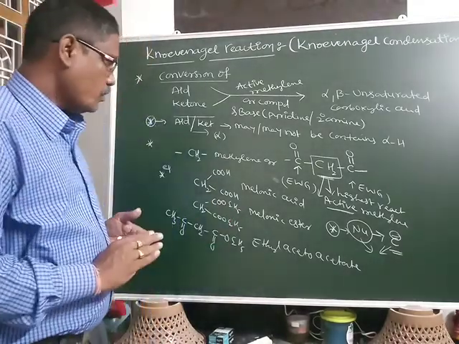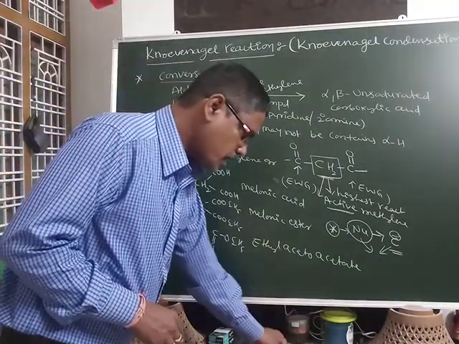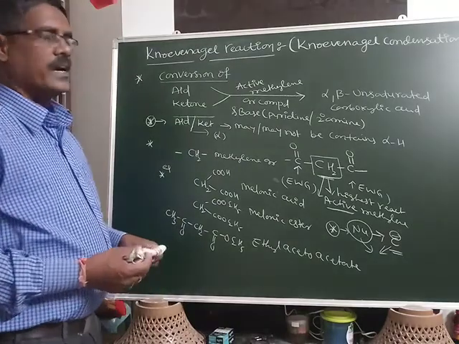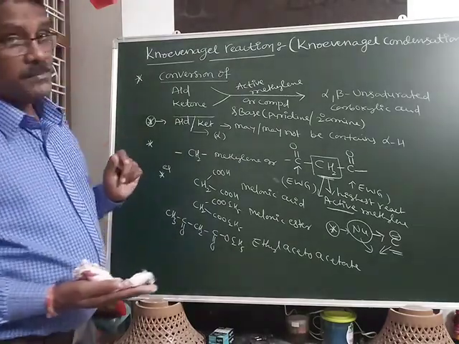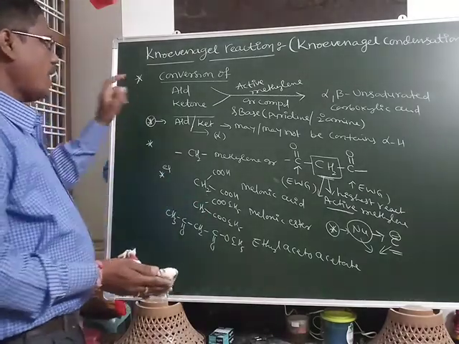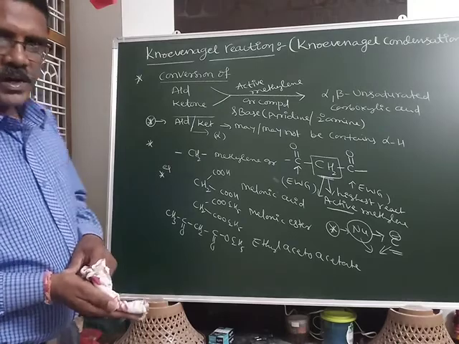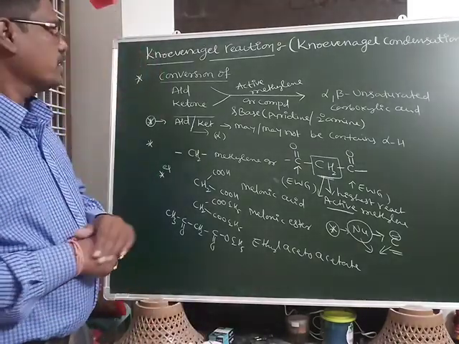Now in this case a new carbon to carbon bond is formed in Knoevenagel condensation. And a water molecule is also eliminated. These are some features about the Knoevenagel condensation. And listen carefully.